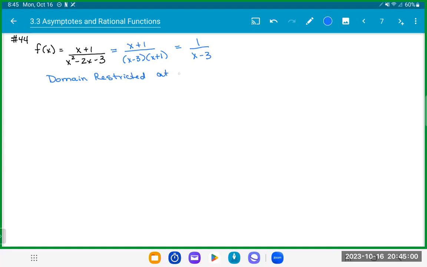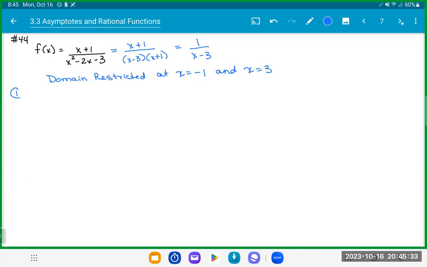It's restricted at x equal to -1 and x equal to 3, right? We'll get to it in our vertical asymptotes. The vertical asymptote is going to be at -1, and the hole is going to be at 3. We'll discuss that further when we do the asymptotes.